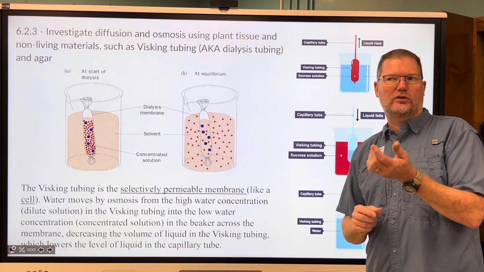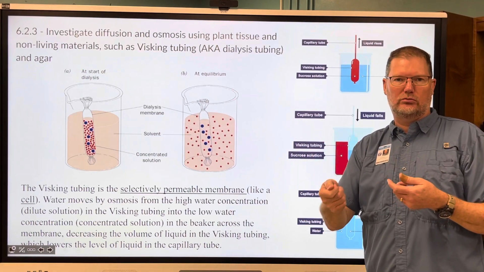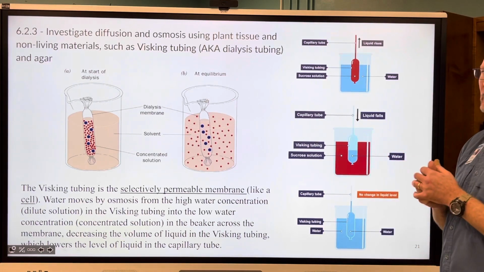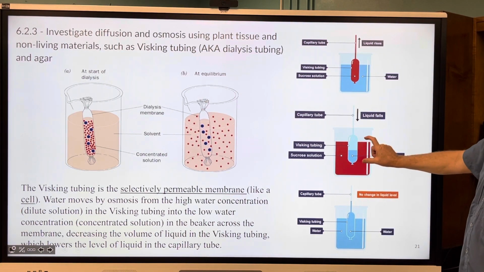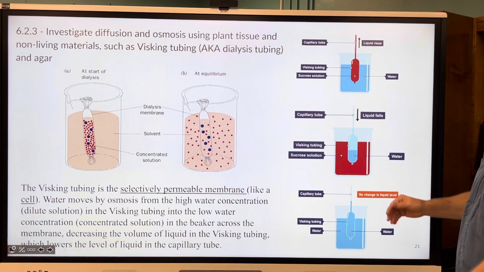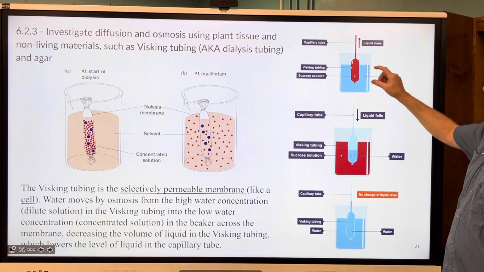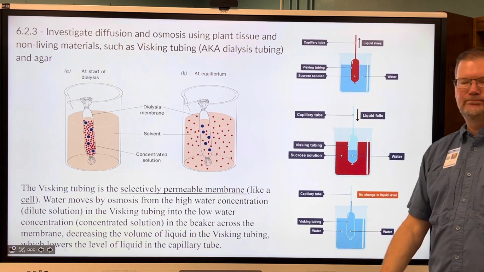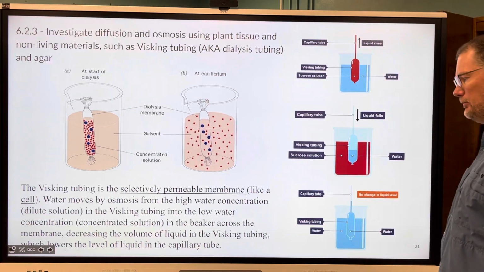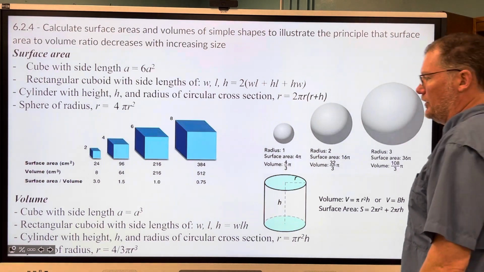And sucrose is the white sugar you cook with or bake with, or put in your tea or your iced tea or your coffee. And so over time, that sucrose solution is small enough to go through the Visking tubing and into the surrounding water, leaving the water behind, so the water level drops. That's all. It's rather simple, okay? That's Visking tubing, otherwise known as dialysis tubing.